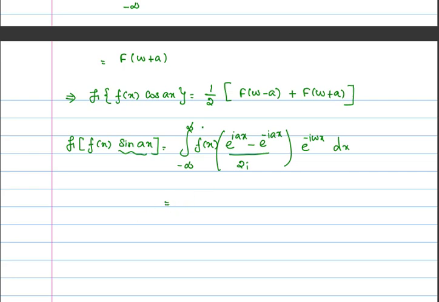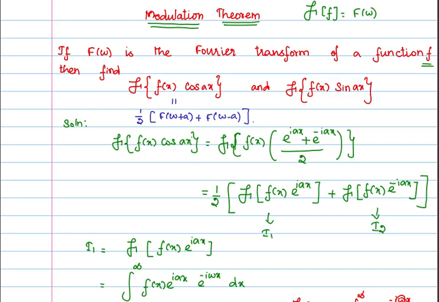In the same way, applying the same argument as previously, you will get 1 over 2i times [F(omega minus a) minus F(omega plus a)]. Otherwise, multiplying numerator and denominator by i, it becomes i divided by 2 times [F(omega plus a) minus F(omega minus a)]. These two ways you can write it.